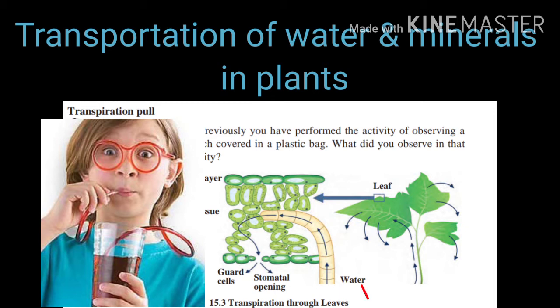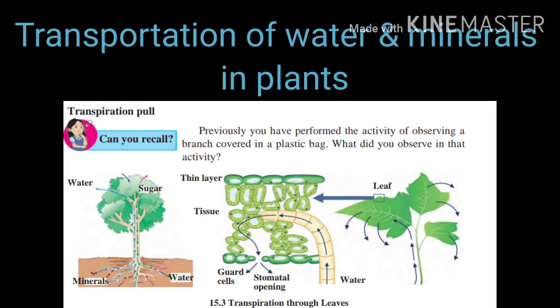The same thing happens in the plants during evaporation. As this evaporation is not happening just for evaporating water, but this whole process is also making the water and minerals be transported to all parts of the plant.